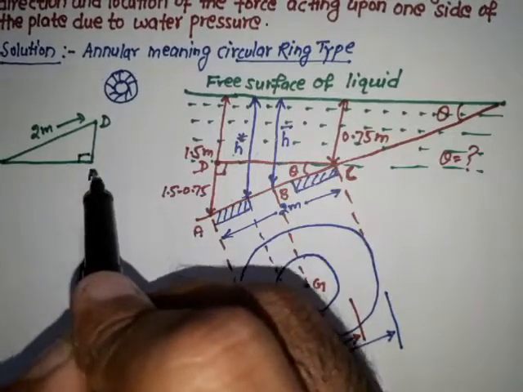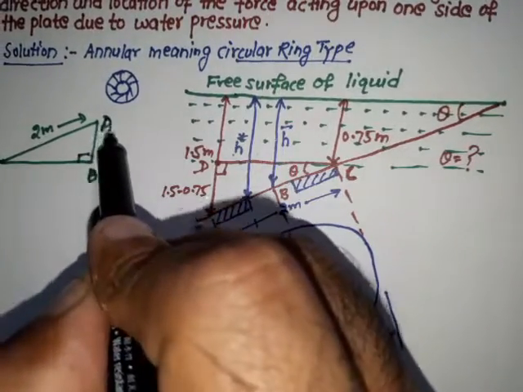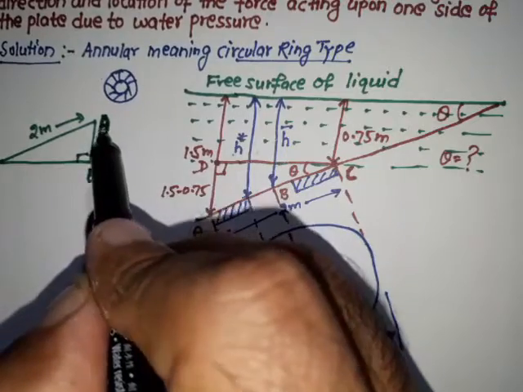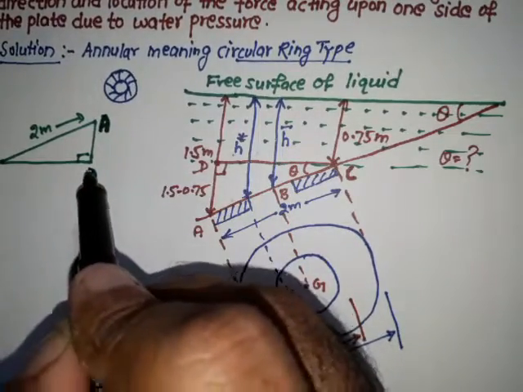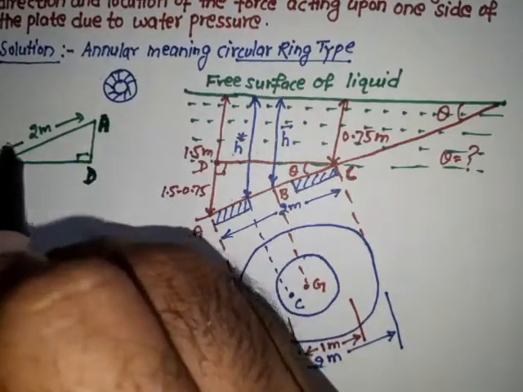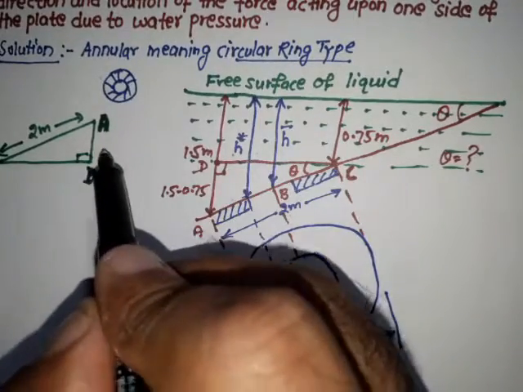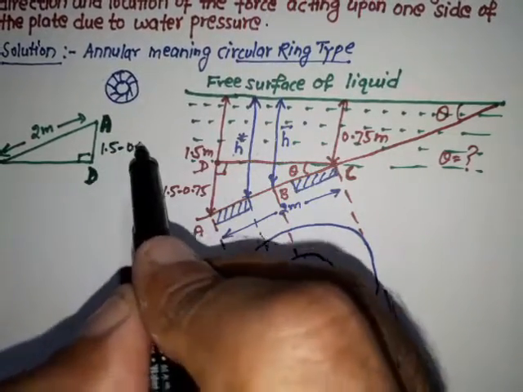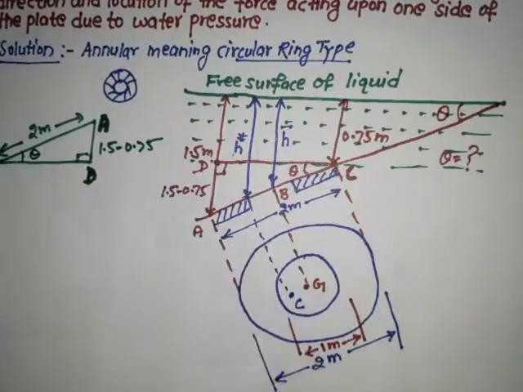This is point D, this is point A. This distance is 2 meter and AD, that is 1.5 minus 0.75, this is angle theta.